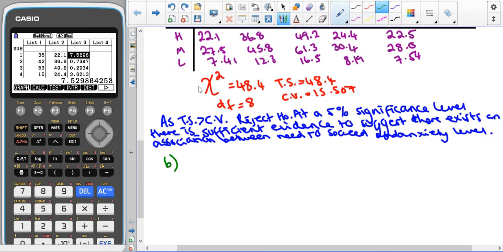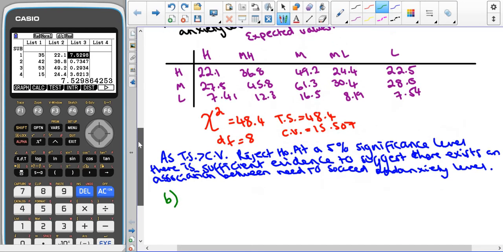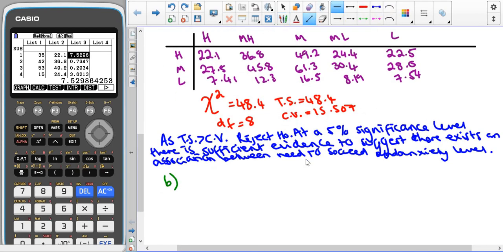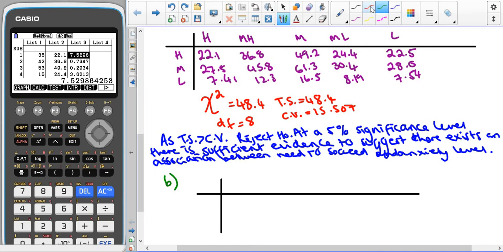So I'm going to make a table that's the same as my expected values table, but this time I'm going to fill it with my contributions. And we need to remember that because when I entered my values into my calculator, I went across, when I'm filling in the table now for my contributions, I am also going to fill it in going across.